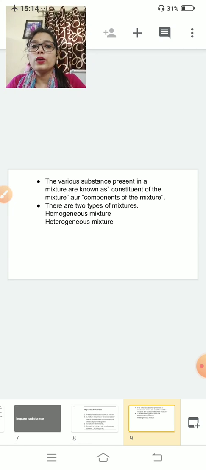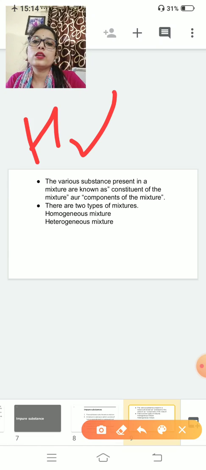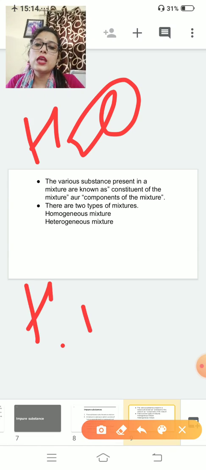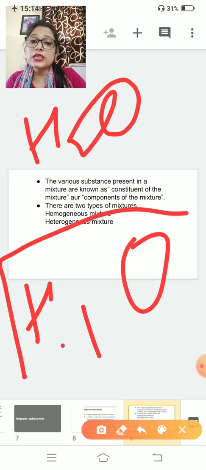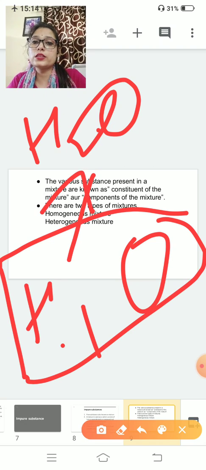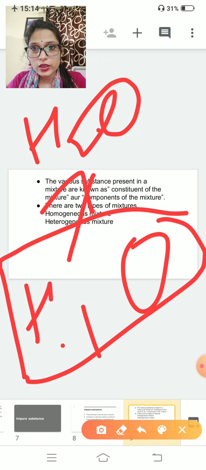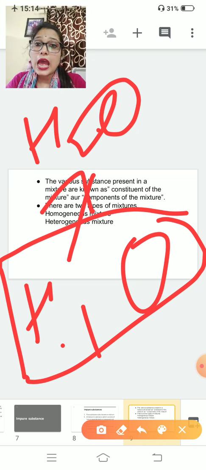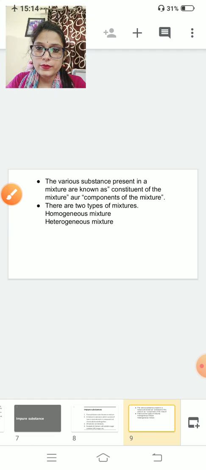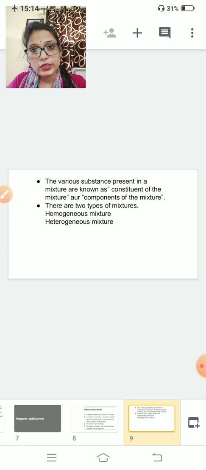I told you water, H2O, is made up of hydrogen and oxygen. So these are the constituents of this compound. If I ask what the constituents of water are, you will say hydrogen and oxygen. Clear? Now, I told you a mixture can be further divided into two types.